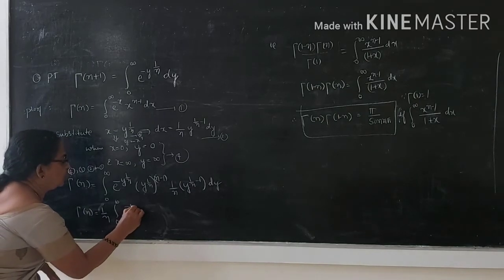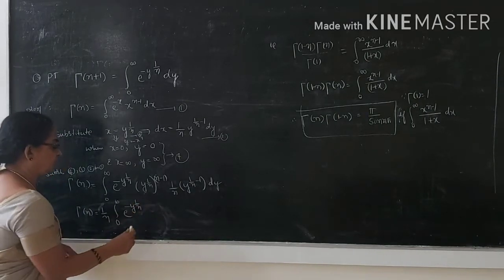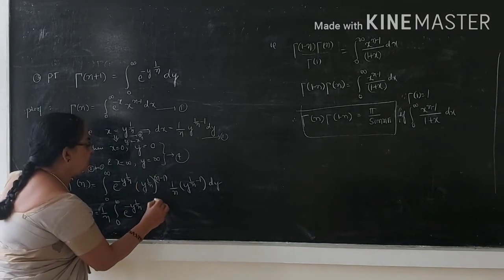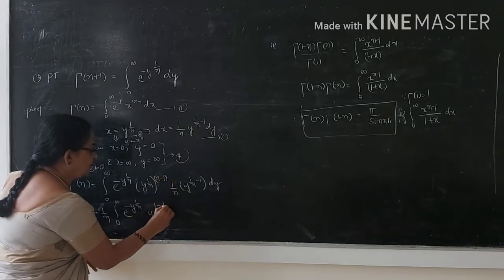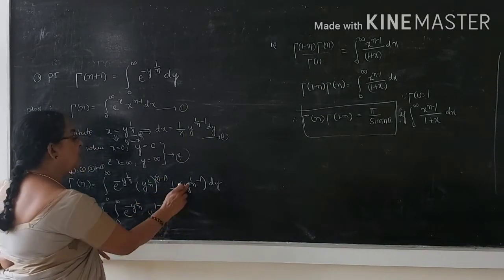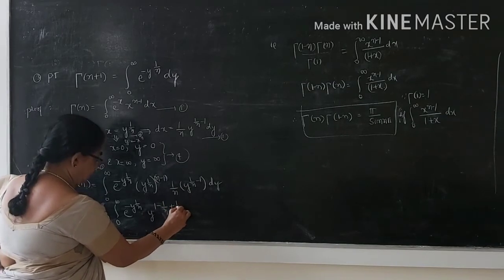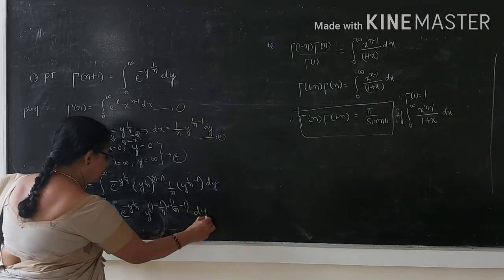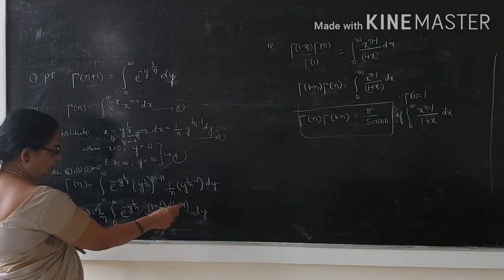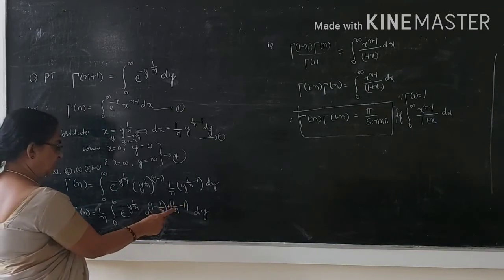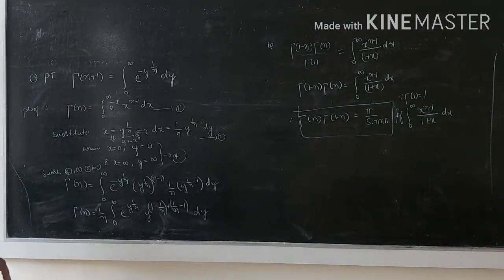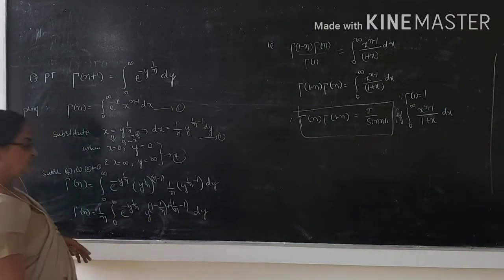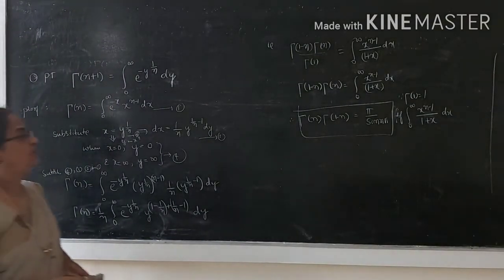It is e to the power of minus y whole to the power of 1 by n into y to the power of 1 by n into n, that is, (1 minus 1 by n), and here the power is 1 by n minus 1. To observe this, here it is minus 1 by n and it is plus 1 by n. Therefore, the power is going to be 0, that is y power 0, and y power 0 is nothing but 1.